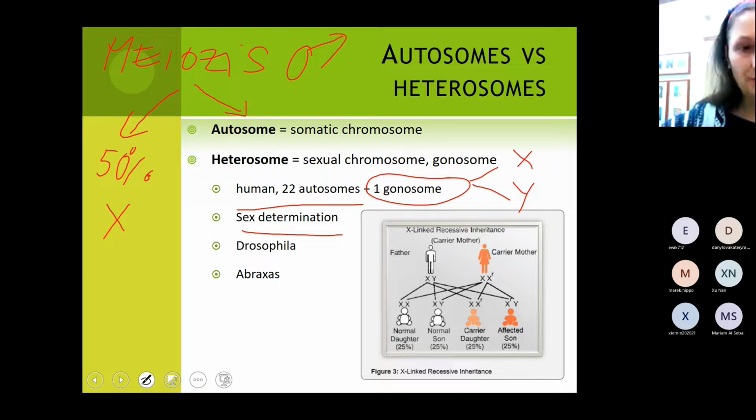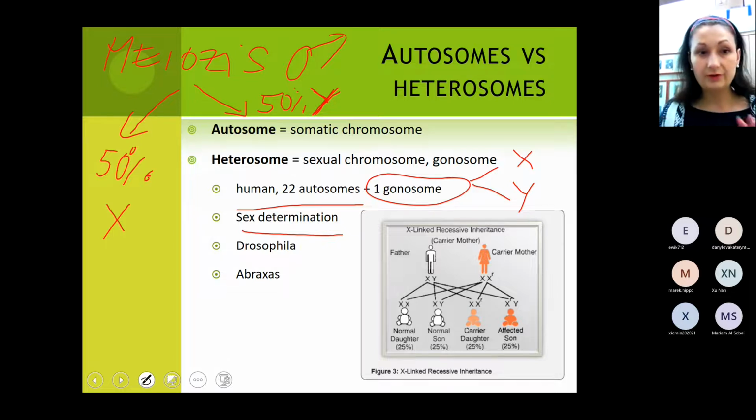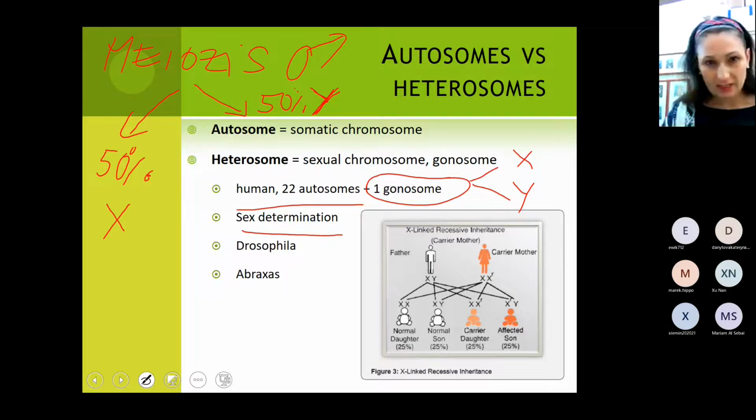And the second half is Y chromosome. So there's a 1-to-1 chance to have boys or girls. Yeah, so you have girl sperms and boy sperms.